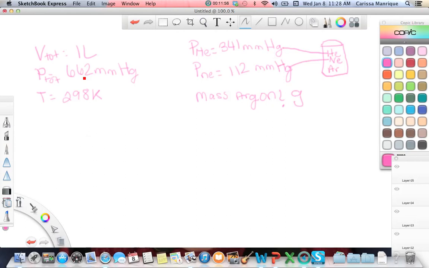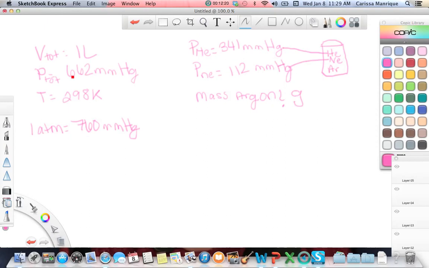So before we start this problem, let's convert all our units. Liters is fine, kelvins is fine, but let's put the pressures in atmospheres. 1 atmosphere equals 760 millimeters of mercury.